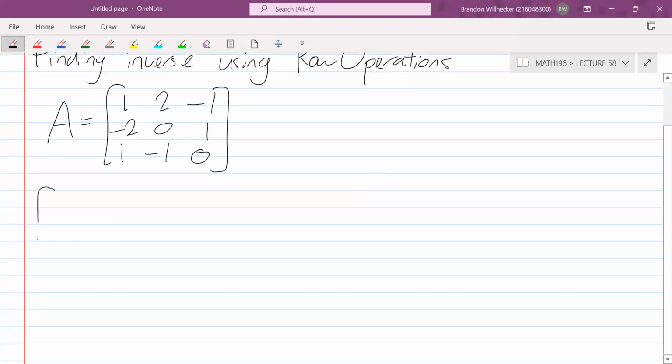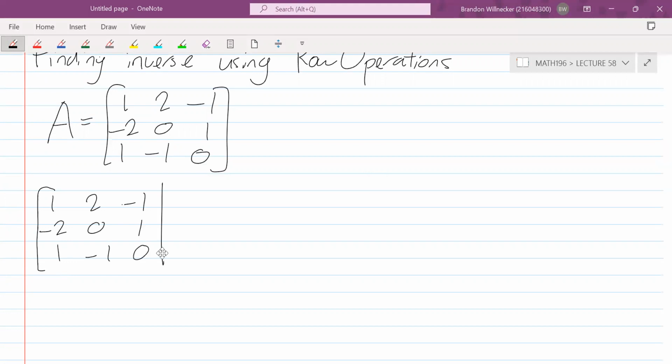So what we do is we construct an augmented matrix where the left-hand side is the matrix that's given. So 1, 2, minus 1, minus 2, 0, 1, 1, minus 1, 0. And then we do that vertical line like we used to separate the variables' coefficients from the right-hand side of those equations.